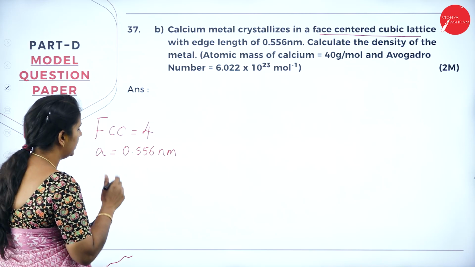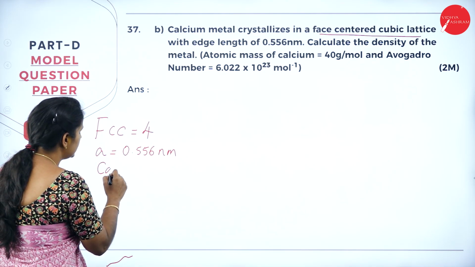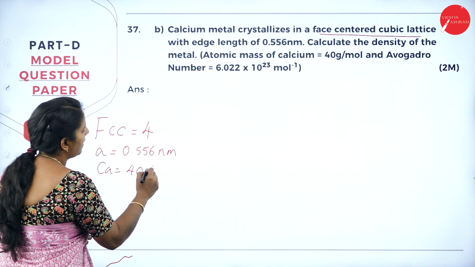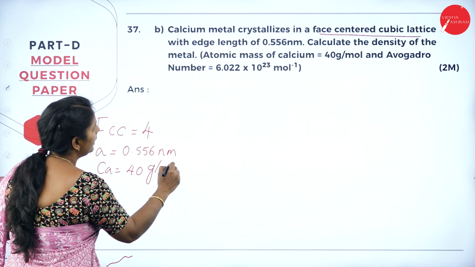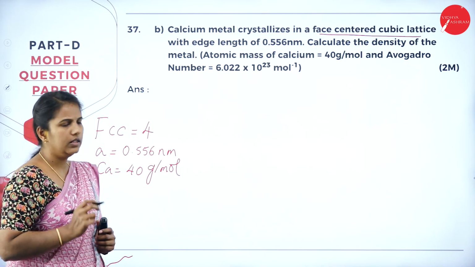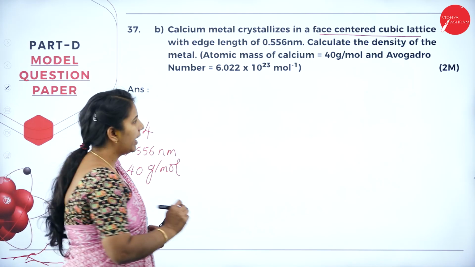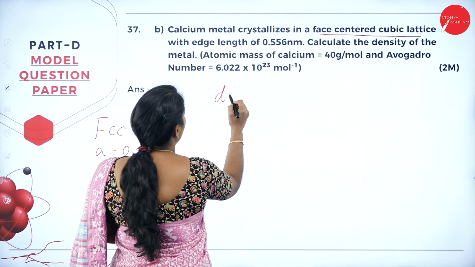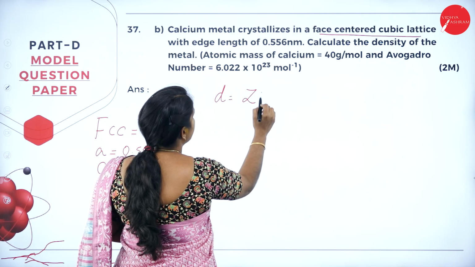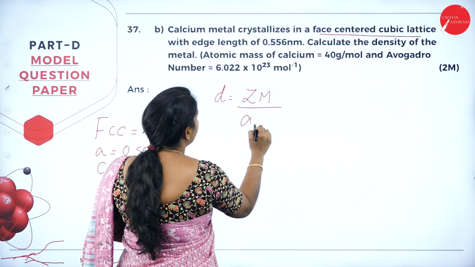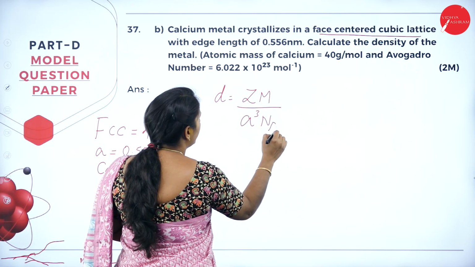The atomic mass of calcium is given, that is 40 gram per mole, and they have also given the Avogadro number, so you know that value. For density, the formula is d is equal to Z into M divided by a cube into Na. What is Z here?